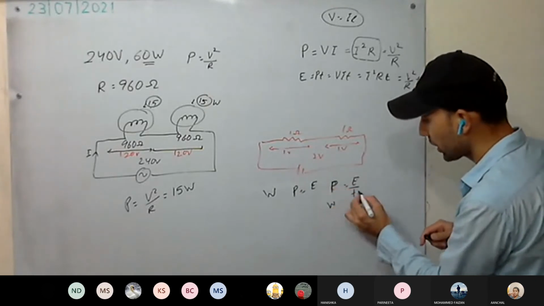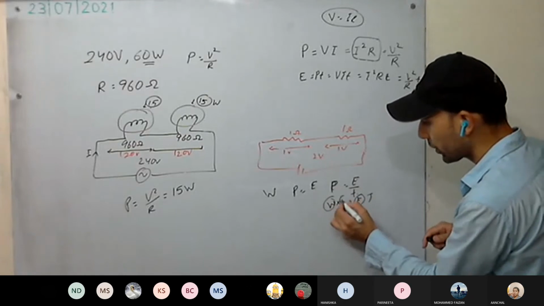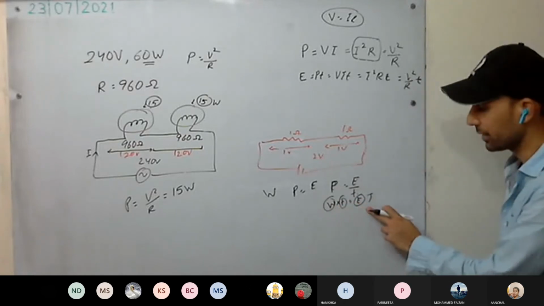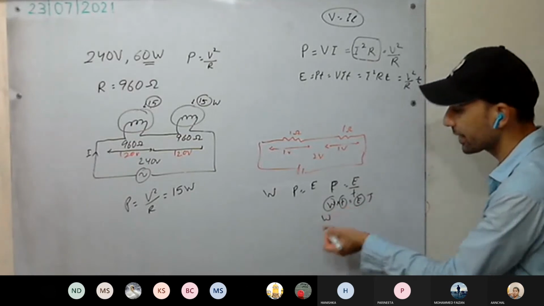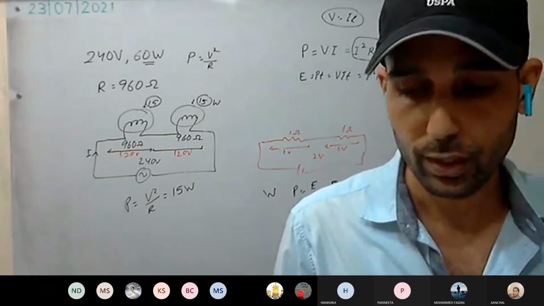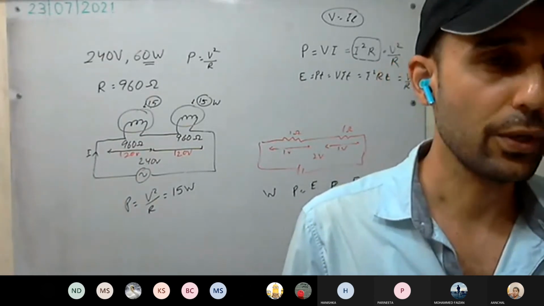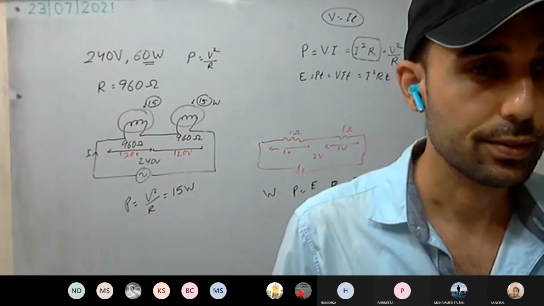If power is watt into T, this is the energy, watt second is the joule. Watt hour means 3600 joules. Or kilowatt hour equal to 3.6 into 10 to the power 6 joules.